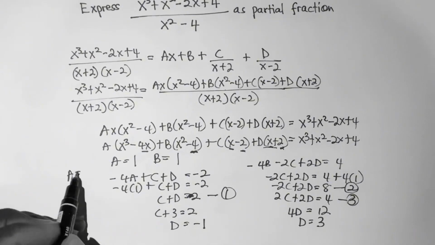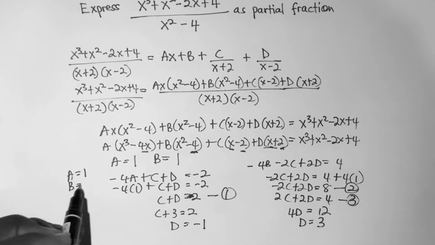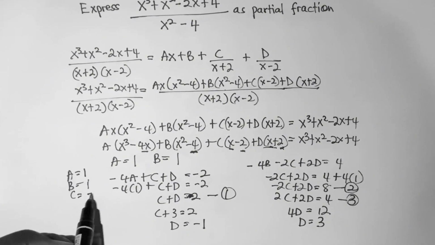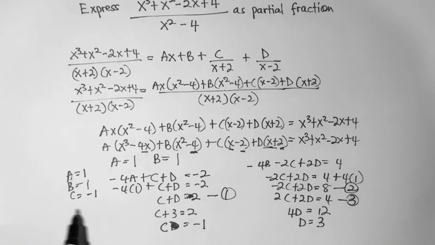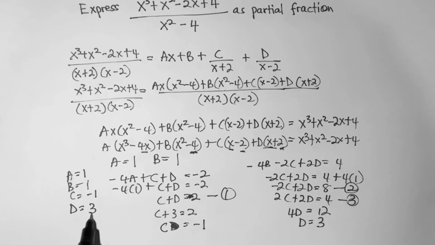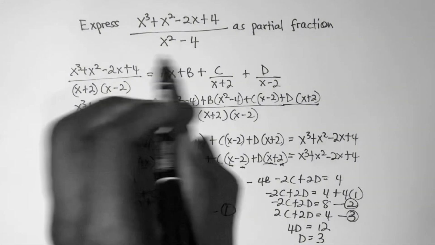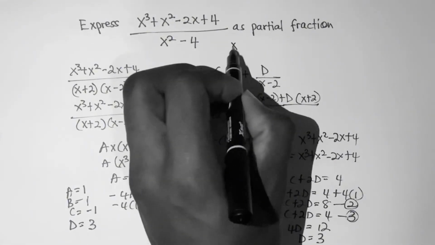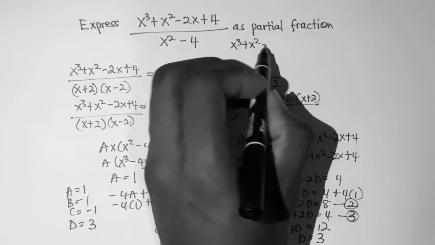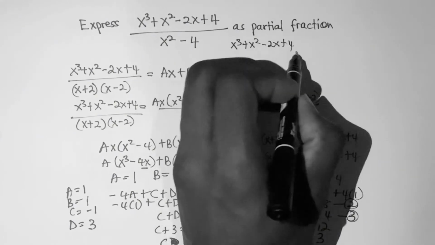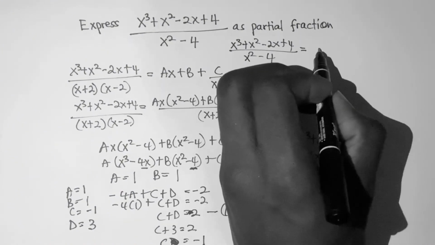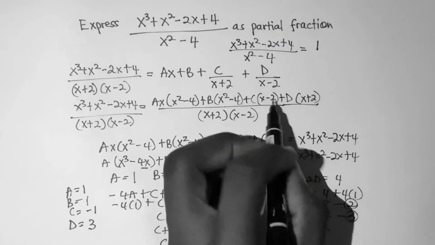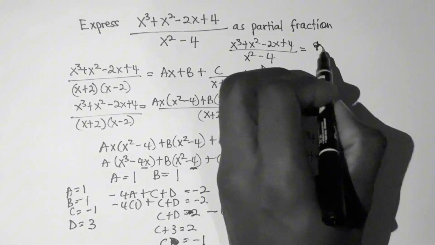So a is equal to 1, b is equal to 1, c is equal to minus 1, and then d is equal to 3. And therefore, in rewriting this as a partial fraction, let me write it here. x cubed plus x squared minus 2x plus 4 divided by x squared minus 4 is equal to a times x, which is 1 times x, which is x.